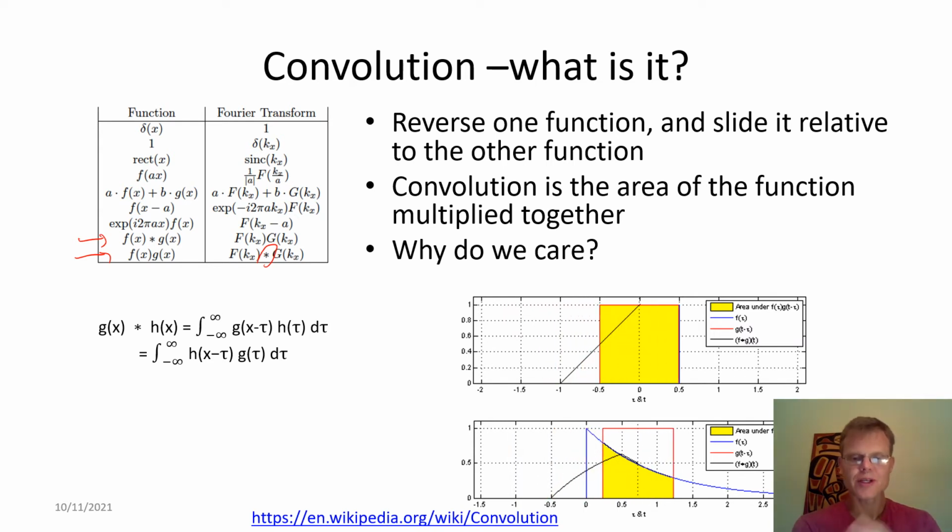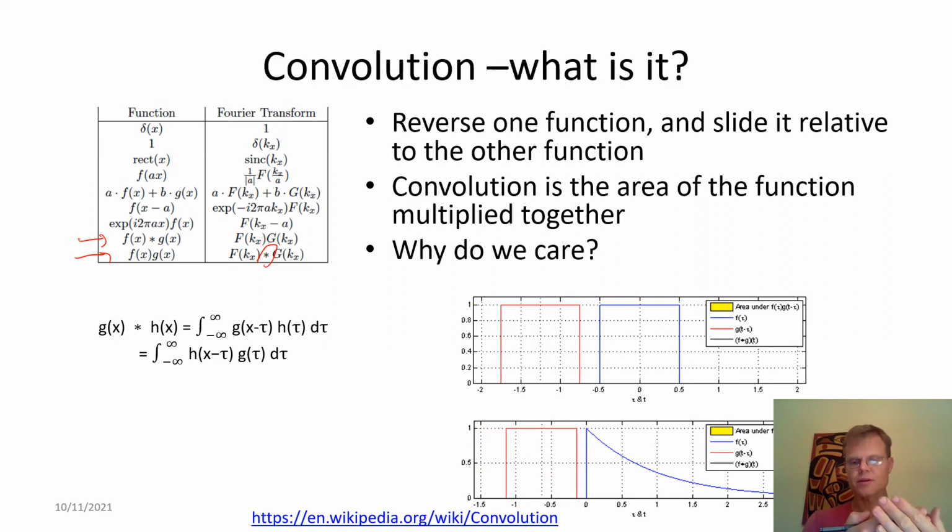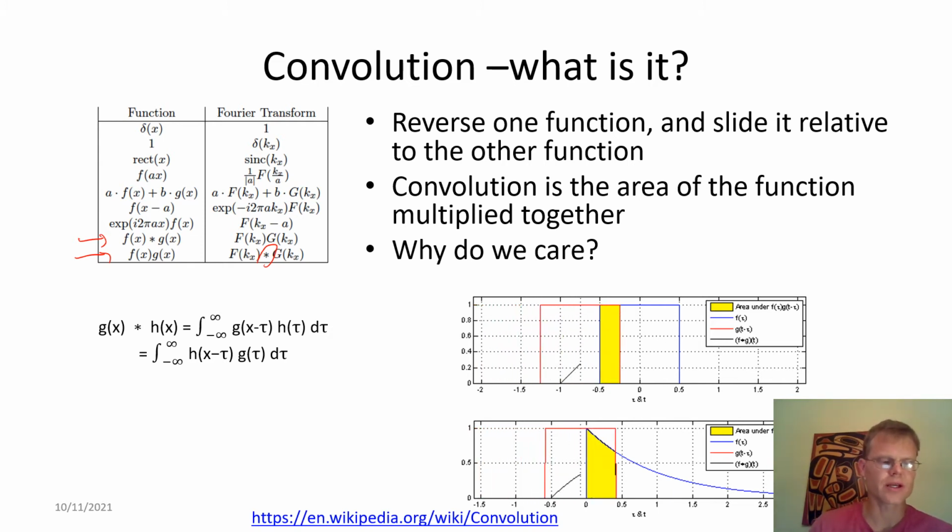What you're doing is you're taking one function, you reverse it, you slide it relative to the other function, then you multiply the two together at each of these different positions, and the area of the result of the two multiplied together, so the integral, is the output of the convolution. We'll go through some more examples, look at what convolutions look like. But here's the full formal definition of the convolution.